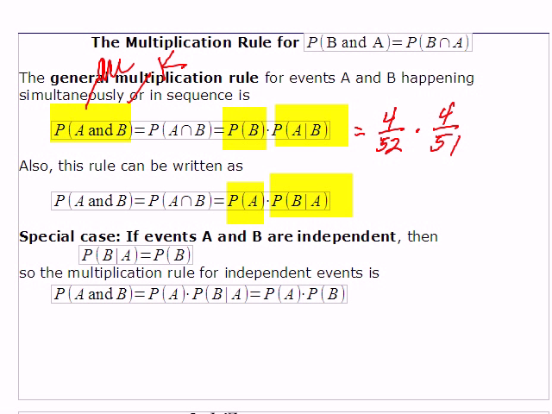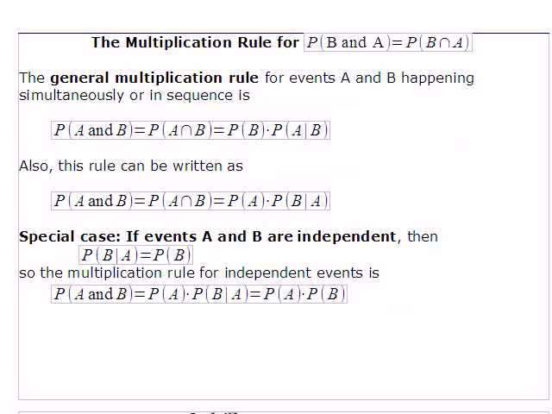There is a special case, and the special case is that if A and B are independent of each other, then the probability of B given A is the probability of B, or the probability of A given B is the probability of A. So this reduces to this formula. Let me write those one after the other so you can see them better.